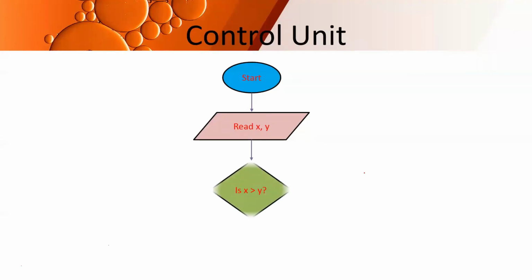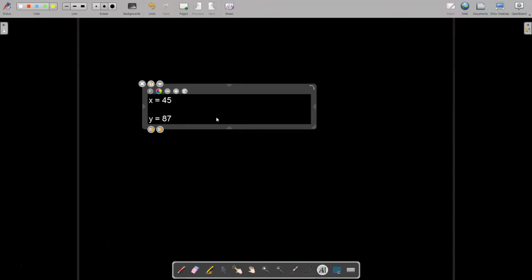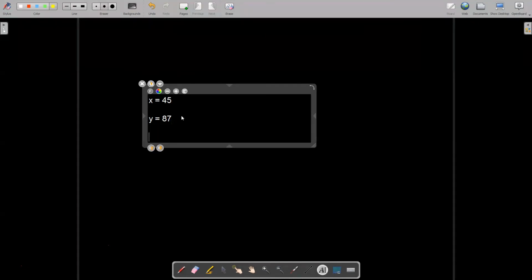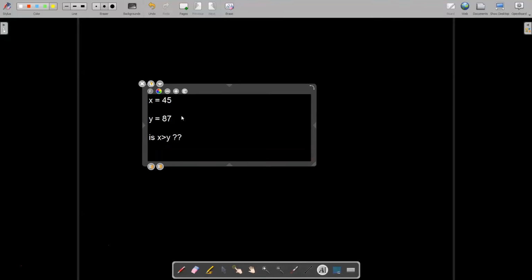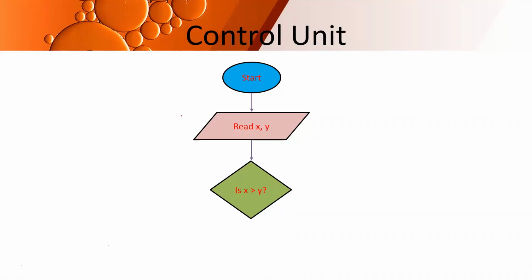Now what do we do? We check, is x greater than y? Answer the question. Which one is greater? My question asked is x greater than y? No, x is not greater than y. That means what will happen?